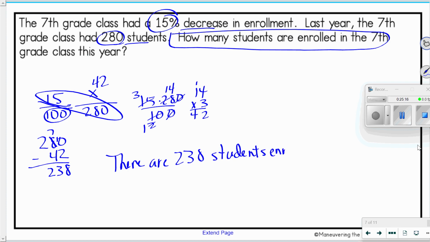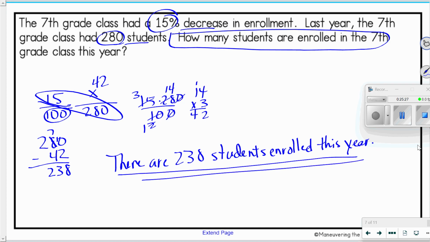Mr. Moore, why did you do it that way? There's a way easier way to do it. Was that hard to do? There's a quicker way. I don't know how to explain this without showing people.